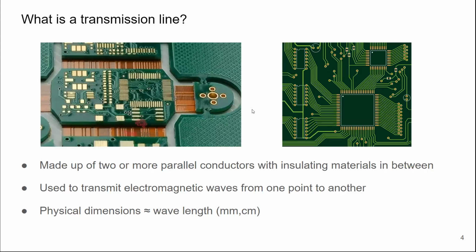So what is a transmission line? A transmission line is basically two or more parallel conductors with insulating material in between. We can take, for example, a PCB circuit where we have two conductors, the top conductor and the ground plane, or the bottom conductor. In PCB circuits, we have transmission lines like microstrip lines or strip lines.